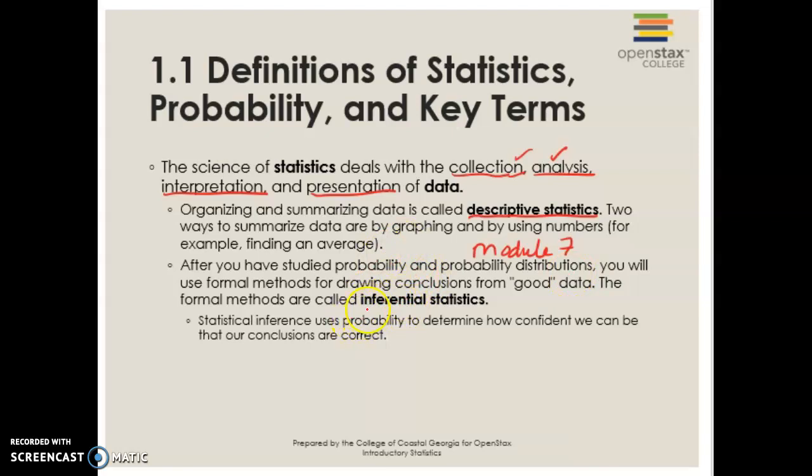The formal methods are called inferential statistics, and that is your Module 8. It's basically drawing conclusions, and you'll have a project. Statistical inference uses probability to determine how confident we can be that our conclusions are correct.